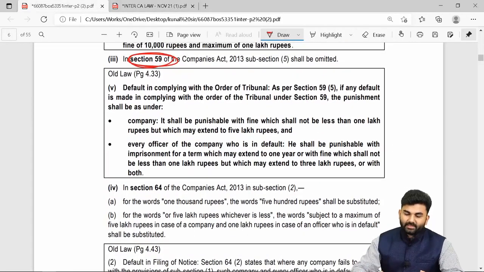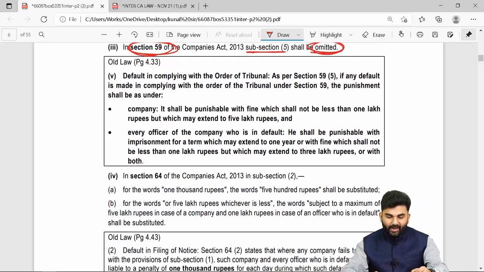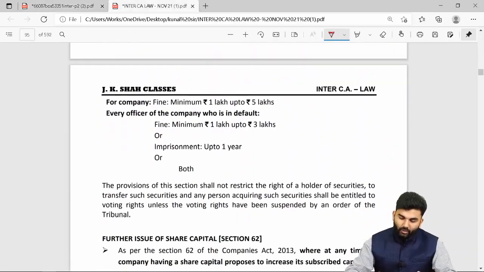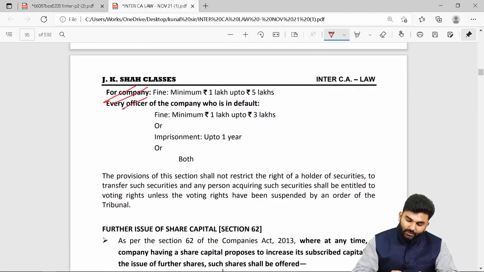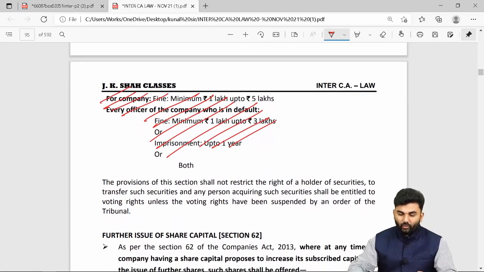What is the change under section number 59? The lawmaker says subsection 5 shall be omitted, and subsection 5 of section number 59 was about the penalty part, which means this entire penalty has now to be omitted.